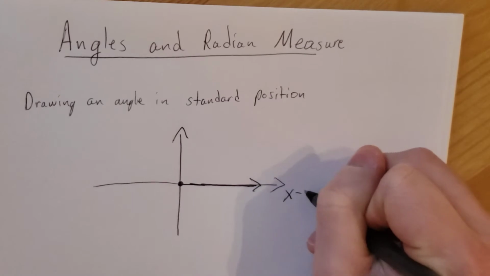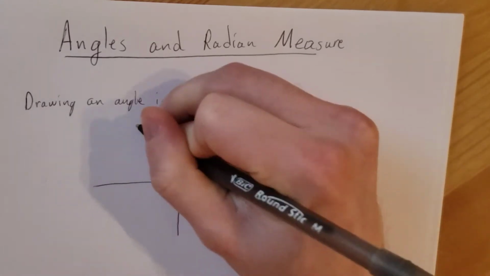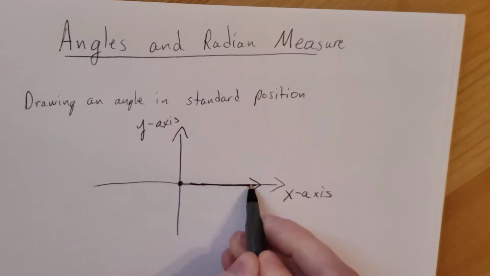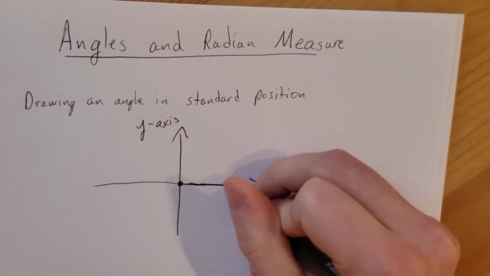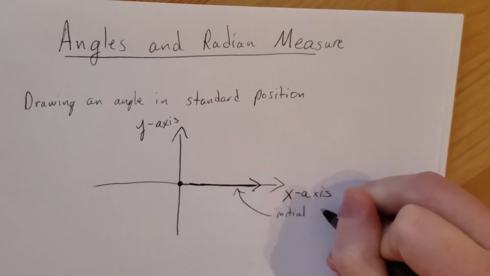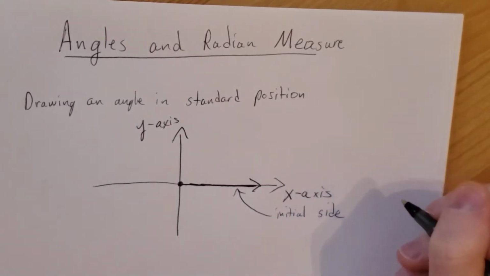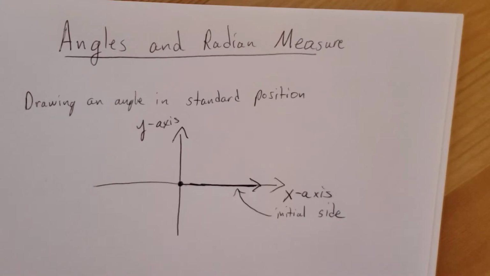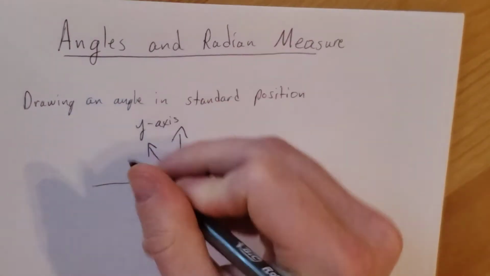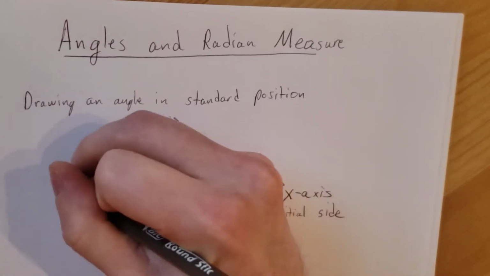So this is the x-axis. We have our y-axis. And we have our initial side over here of an angle. And then we have some other side of the angle that we call the terminal side.